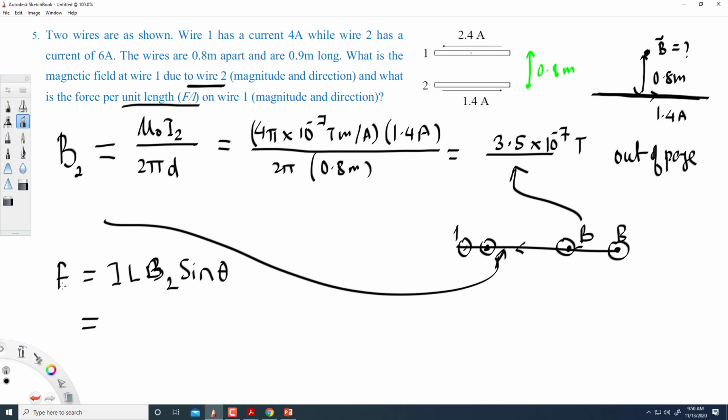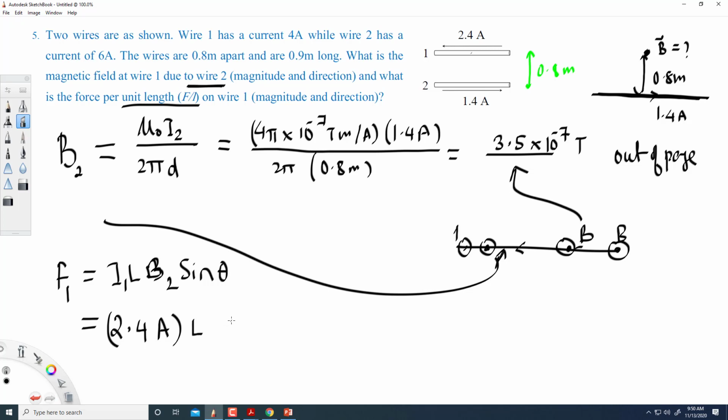So this is the force on 1, so current 1. We want to find the force on the first one, so the current on the first one is 2.4 amperes. The length of that wire is 0.9. I'll just write L here because we want to find force per unit length.